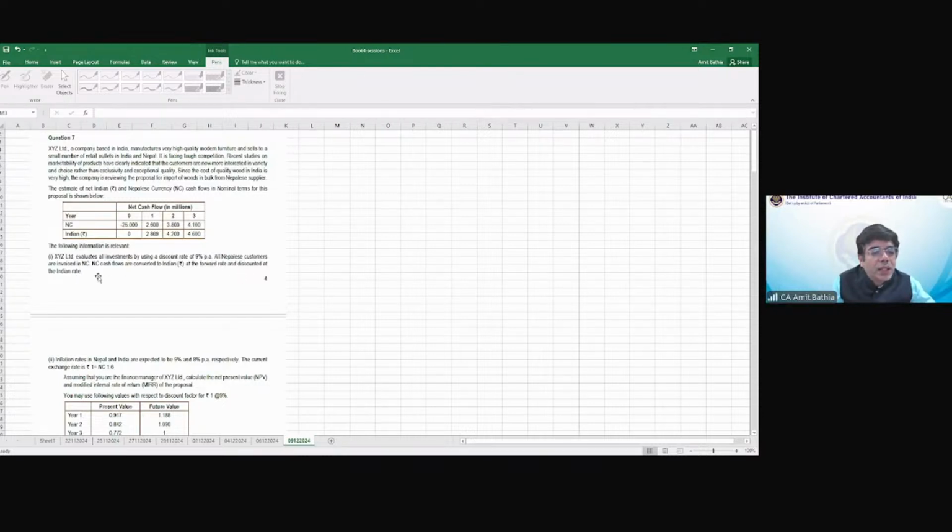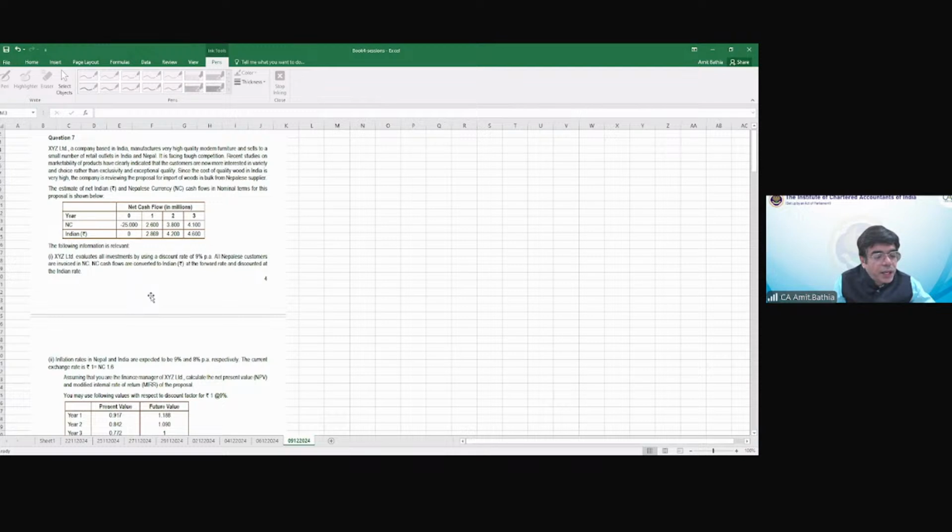So we are talking about the required rate of return in India, right? And what is that particular rate given to us? In the very first line, it says a discount rate of 9% per annum. So first of all, we will convert Nepali currency cash flows into Indian rupee, and then we will discount it at the rate of 9% per annum.